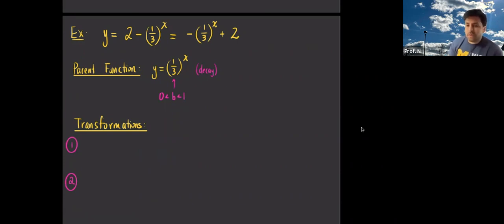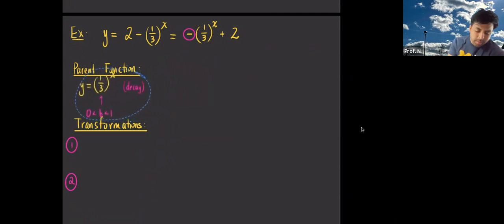Andrew, that's right. So there's a reflection across the x-axis, and that reflection is due to that negative that's in front, right? It's in front. So that negative is a reflection across the x-axis, right?